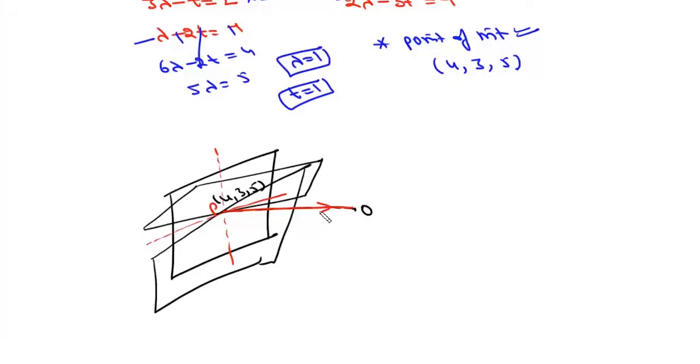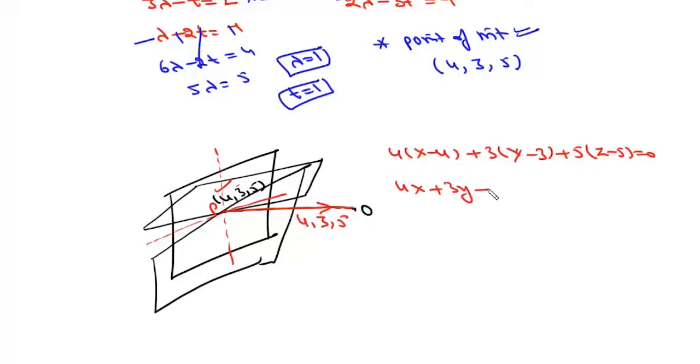So the plane at a greatest distance will be perpendicular to vector OP. So direction ratios of normal, they will be 4, 3 and 5, and we also have this point 4, 3 and 5. So we can write this equation as 4 into x minus 4 plus 3 into y minus 3 and plus 5 into z minus 5 equals 0. So it will be 4x plus 3y plus 5z, and here it will be 16 plus 9 25, 25 plus 25 50.